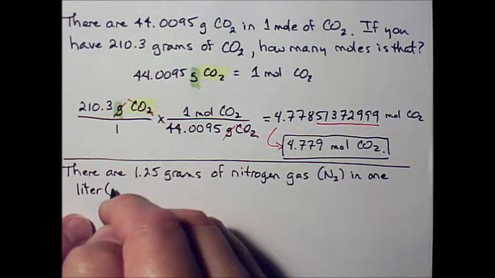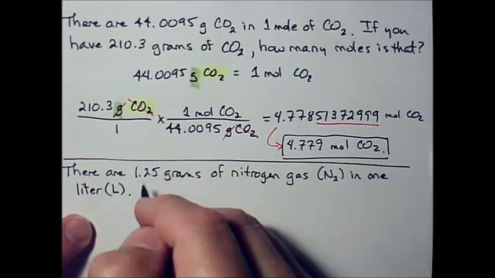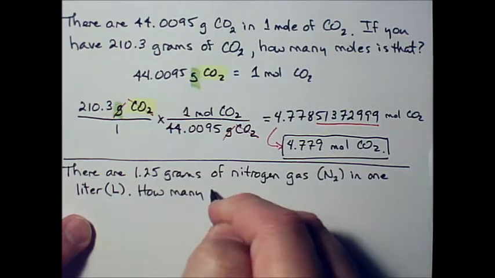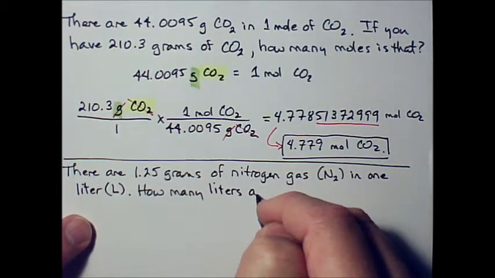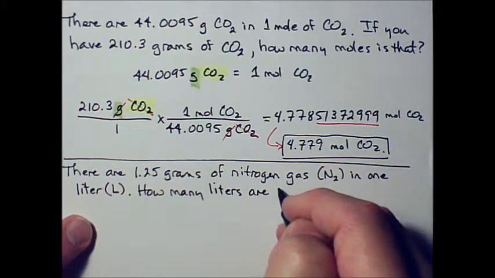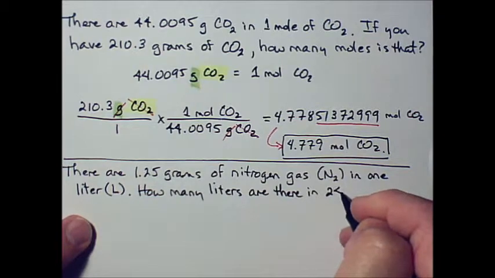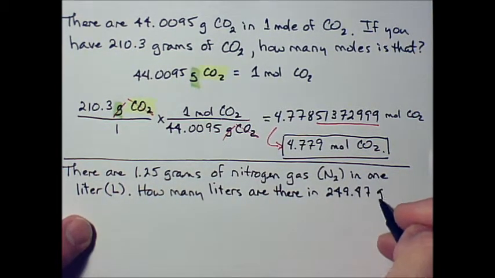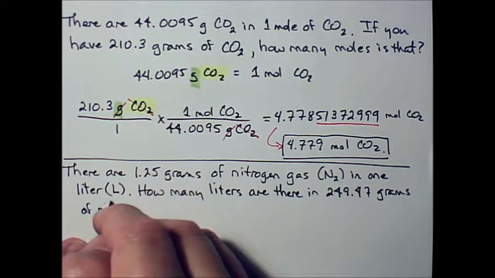The symbol we use for liter is a capital L. So how many liters are there in 249.47 grams of nitrogen gas?